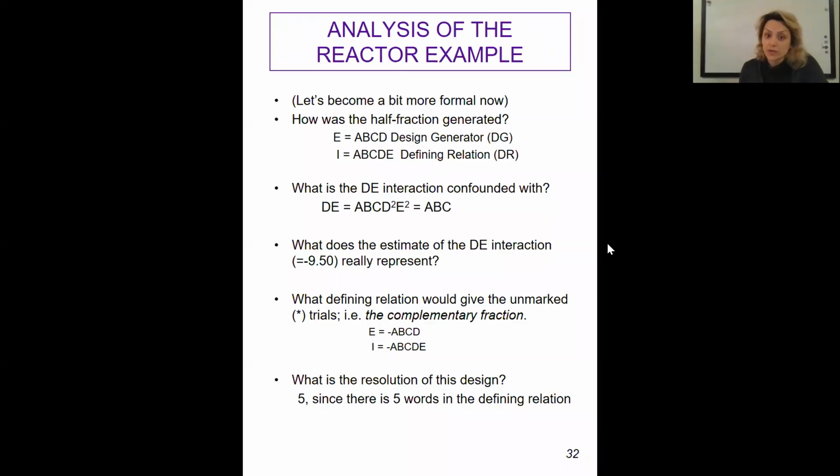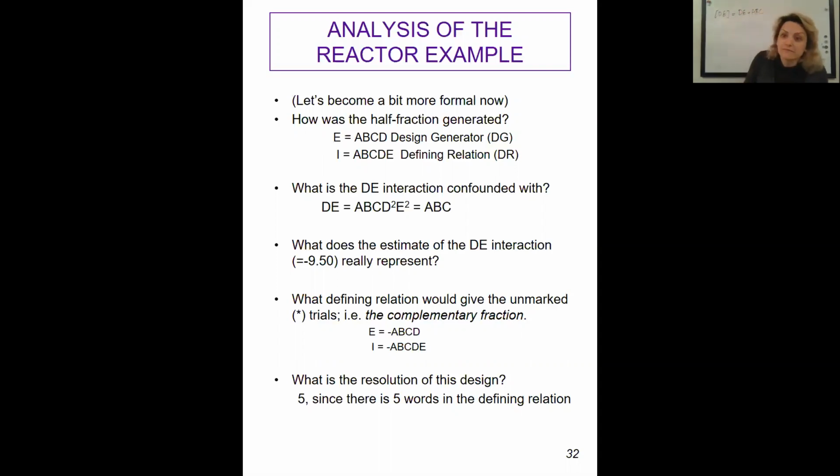To answer this, I need to write down the confounding here, and then I will make it bigger in our recorded video. The confounding of DE, when we look at it, is DE plus ABC.